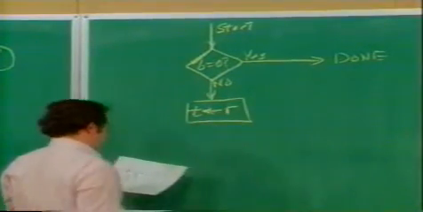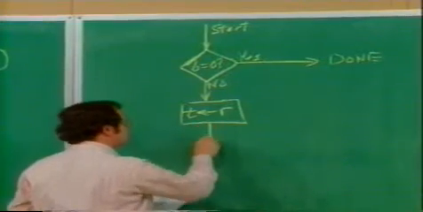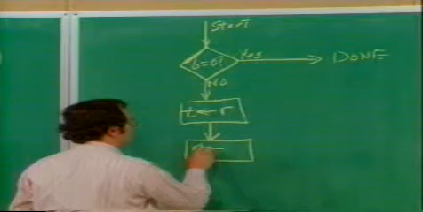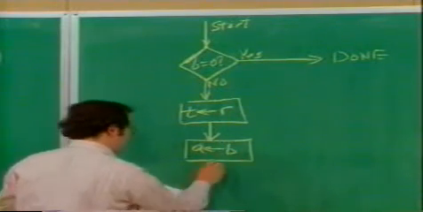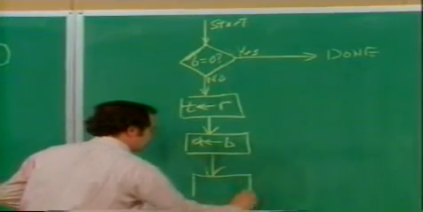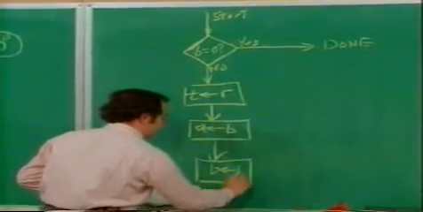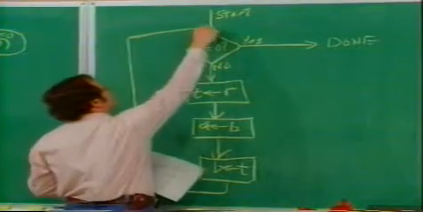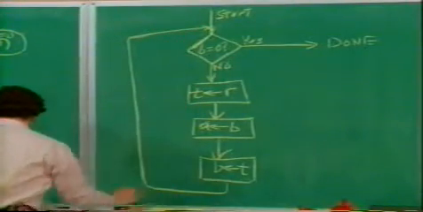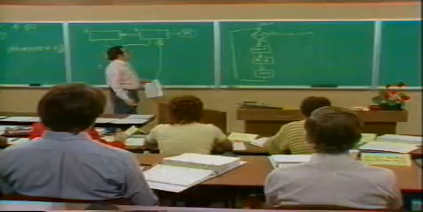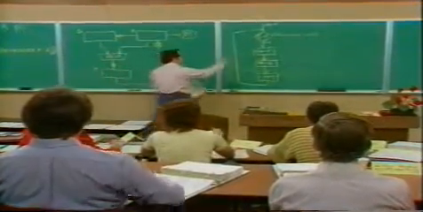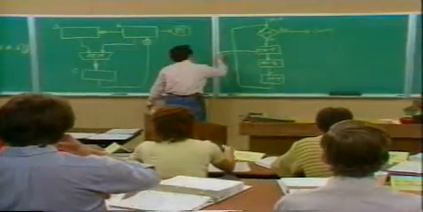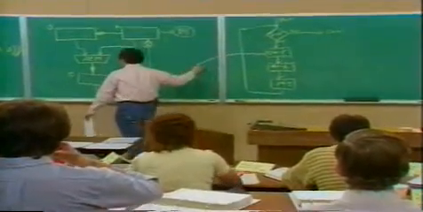We're going to name the buttons. T gets remainder. A gets B. And B gets T. And then I'm going to go around here and still go back to start. And if you look, what are we seeing here? What I really have is some sort of mechanical connection where T gets R controls this thing.